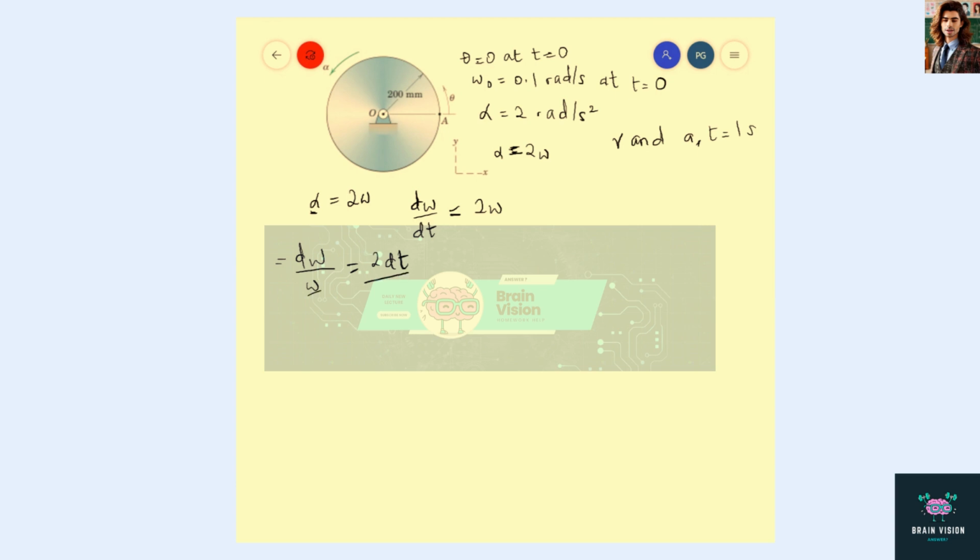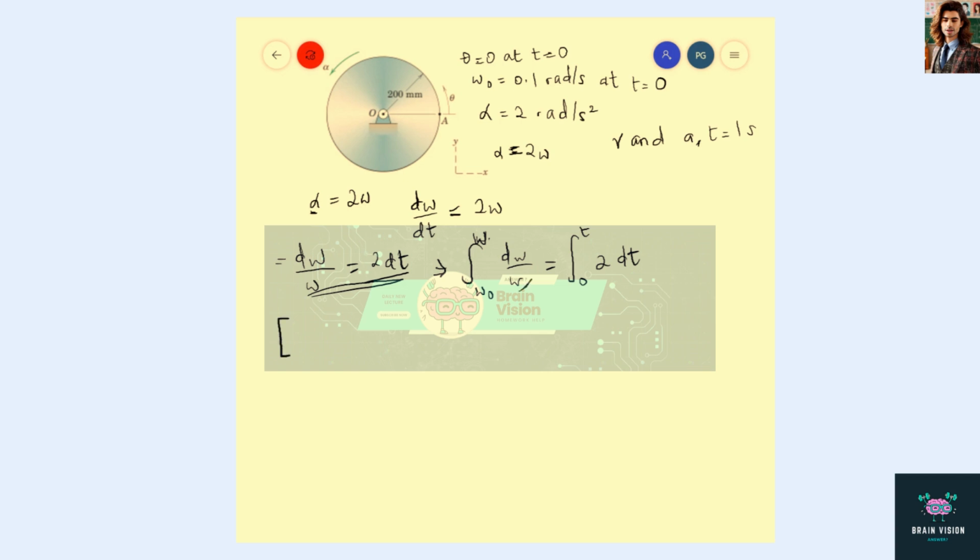Now we can integrate this. That becomes the integral of d omega over omega, with the upper and lower limits being omega and omega naught, from the initial to the final angular velocity. This is equal to the integral from the initial time, 0, to the final time t, of 2 dt.